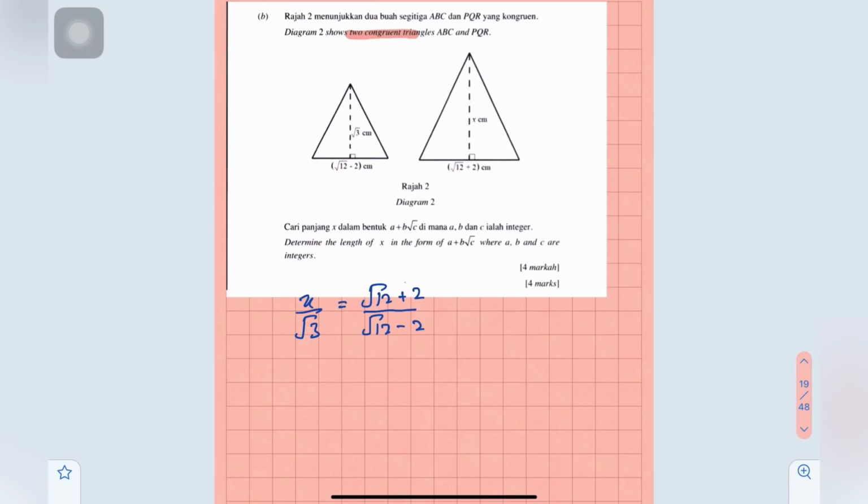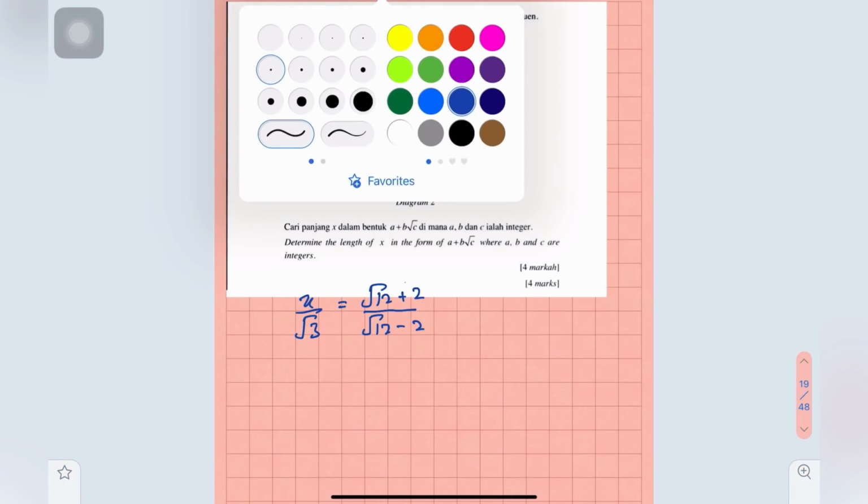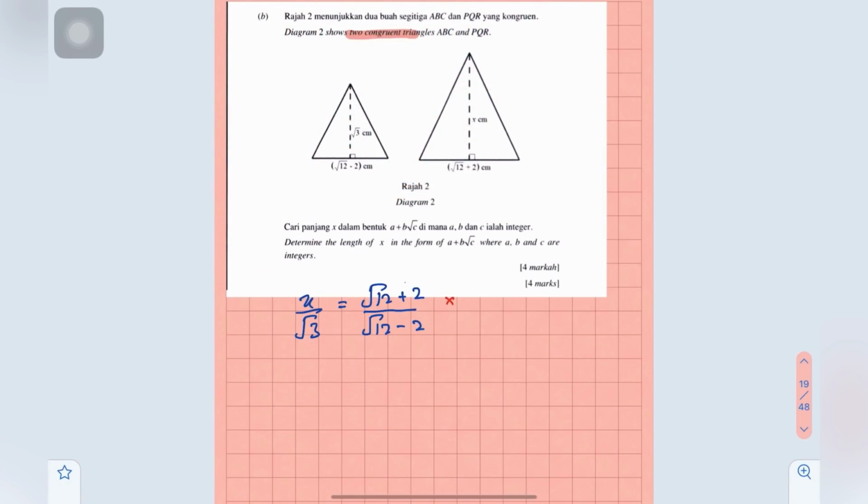Kita kena darab dengan dia punya conjugate. Okay, so darab dengan conjugate maksudnya denominator dia tapi opposite sign lah. So this one root 12 tambah 2, this one bahagi root 12 tambah 2.